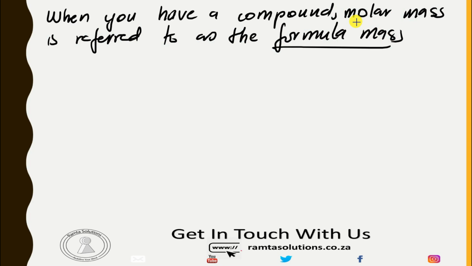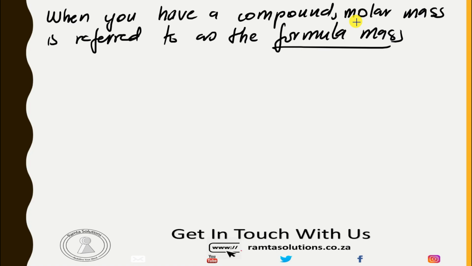When you refer to an element, molar mass is simply the relative atomic mass. When you refer to a compound, you refer to it as the formula mass or molar mass. It does not matter. Either of them is correct.